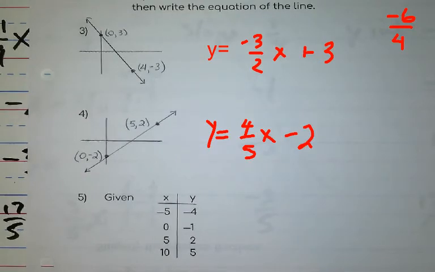This one, let's see if we can wrap something real easy here. So 1, 0, -1. So that's this dot right here. That's the y-intercept. So I know negative 1's the y-intercept.